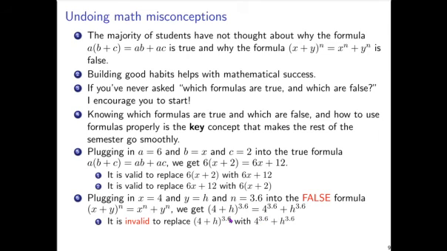So it is actually invalid to replace 4 plus h to the 3.6 with 4 to the 3.6 plus h to the 3.6, and it's invalid to replace the other way around as well. So we have to be really careful to always use true formulas and to not use false formulas. Using these false formulas, this is bogus. It doesn't work. But it's a common thing that people do, is that people will see the situation of 4 plus h quantity to the 3.6 and decide to distribute this exponent, but it can't be done. It is invalid to do that.